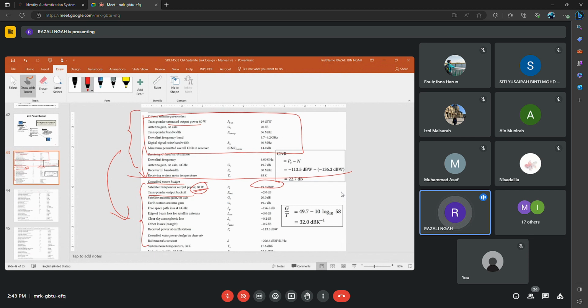So for the transponder output back off, normally the parameter is given either in a table or in sentences. Not necessarily given in a table. Sometimes all this information is given in sentences.